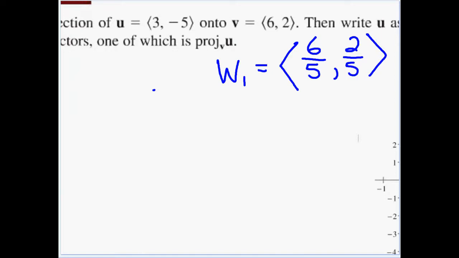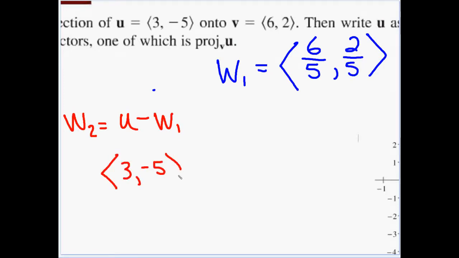I'll switch to red ink. Vector component 2 is equal to vector u minus vector component 1. So vector u, that is 3, negative 5. And we're going to subtract what we just found up here, vector component 1, 6/5, 2/5.